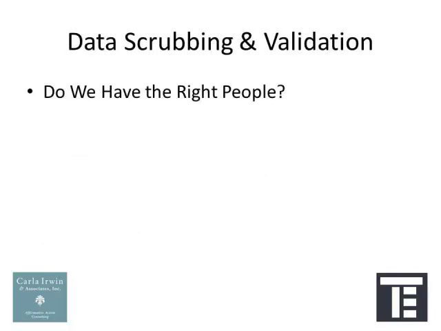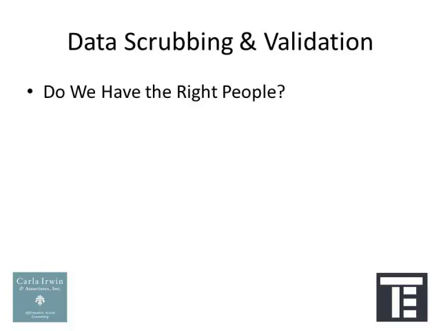So, data scrubbing and validation. We've talked about what the different pieces of information are, where some missing points are that we've seen, and where the data pitfalls are. So now we're really going to talk about, once you have all that stuff in your file, cleaned up, ready to go, how we start doing some data scrubbing and validation to make sure that we have all of the things that we need to have.